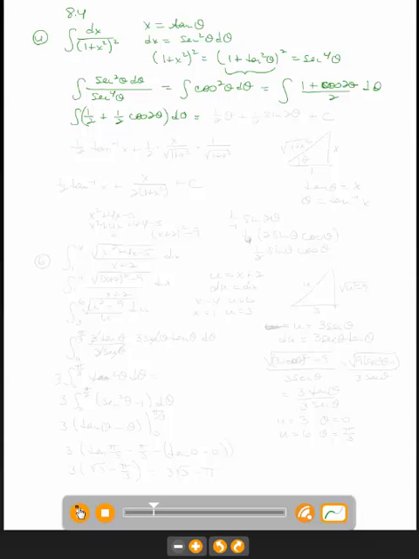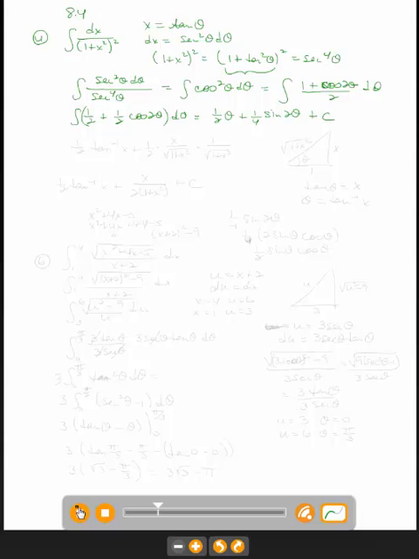So I end up with 1/2 theta plus, now, the integral of cosine is the sine of 2 theta, but the derivative is 2, so I need a 1/2 in front. But there's already a 1/2 in front, so now there's a 1/4.